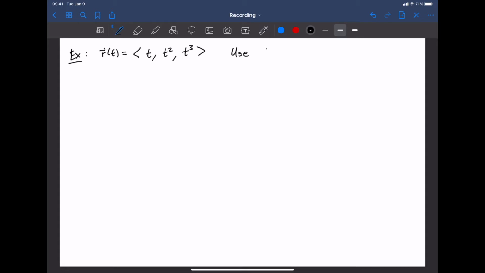Use kappa equals the magnitude of r prime cross r double prime divided by the magnitude of r prime cubed, to find the curvature when t equals 0.